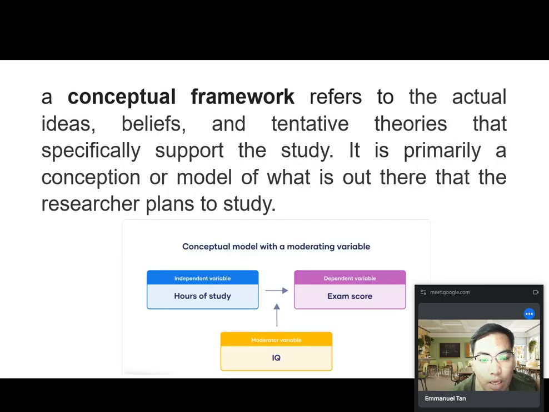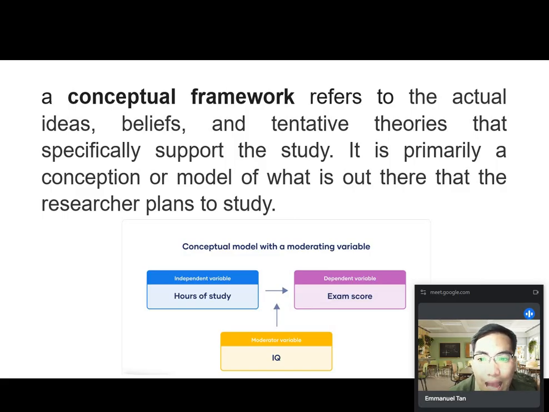It could be a framework, a flow chart, or a diagram with textual explanation about the flow of your study. Now, specifically, this is what we call a conceptual framework.